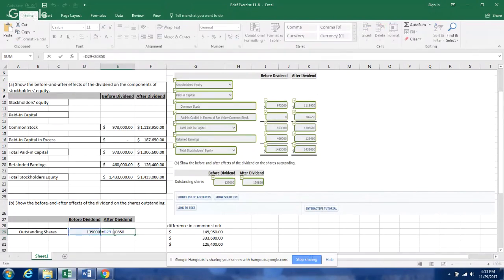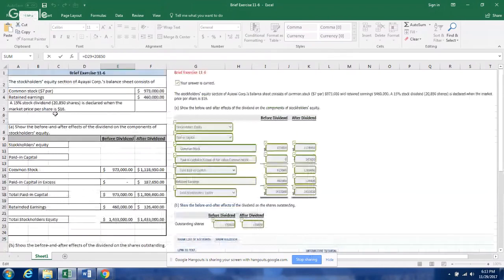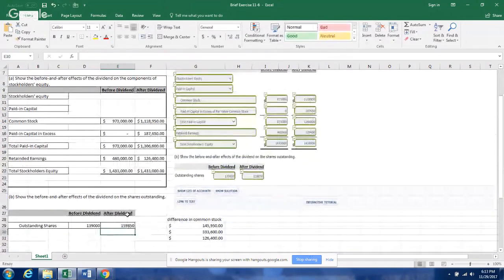And then for the after, basically what you're doing is taking your before shares and adding in the 20,850 shares from the beginning of the question. And that's where you get your after dividend shares.